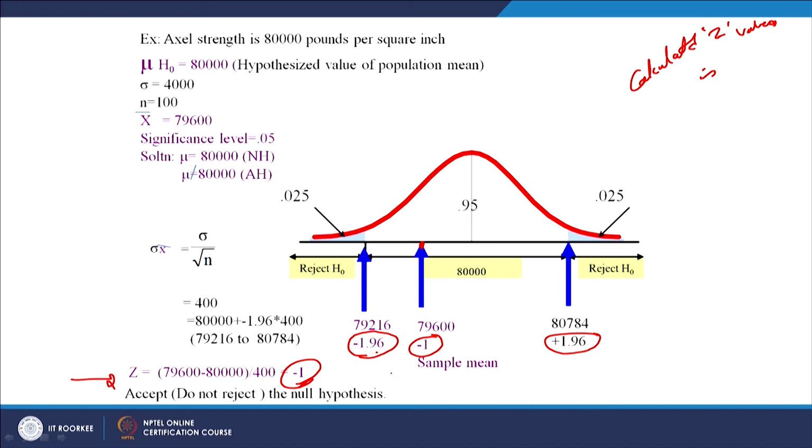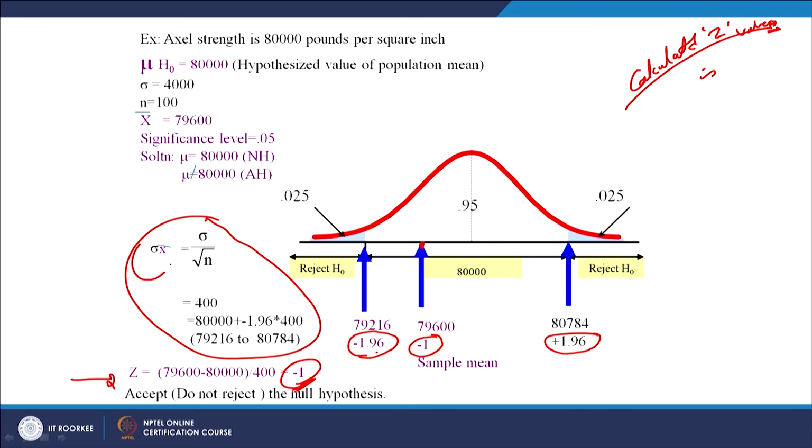Now, there is one more way in which you can arrive at the same answer. Here we decided about the null hypothesis after looking at the calculated z value and the critical value. You can do one more thing.